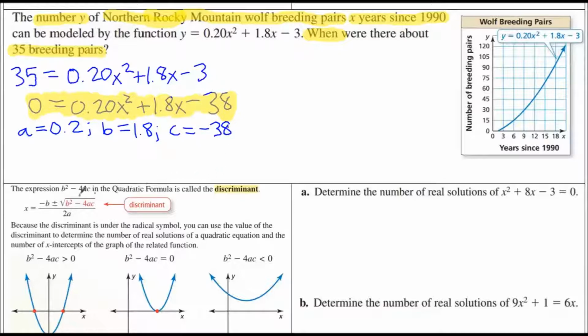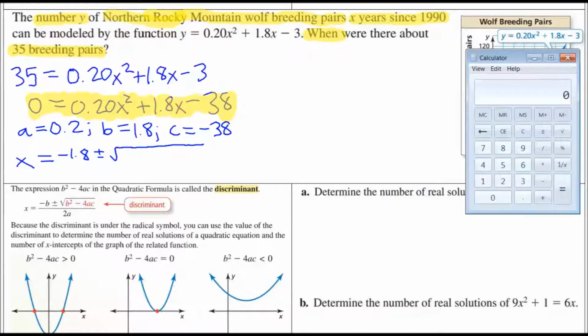Perfect. Now we're going to substitute in our values. So x is equal to negative b, negative 1.8, plus or minus the square root of b squared. I'm going to get out a calculator and do that now. b squared means you'd have two factors of 1.8, so 1.8 times 1.8, and that's 3 and 24/100.